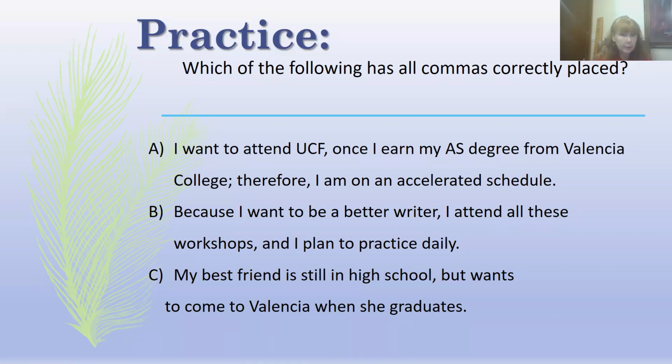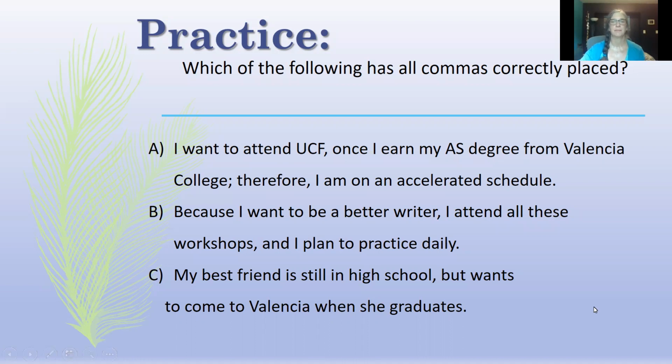B. Because I want to be a better writer, I attend all those workshops and I plan to practice daily. That looks right. And look at the last one. C. My best friend is still in high school, but wants to come to Valencia when she graduates. So B is correct. Absolutely.